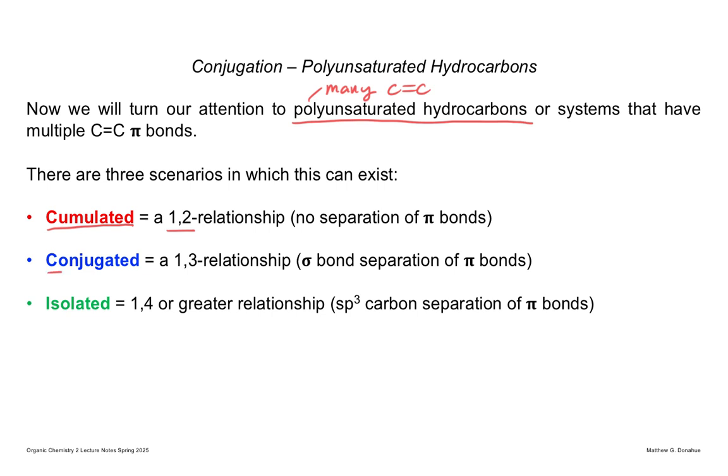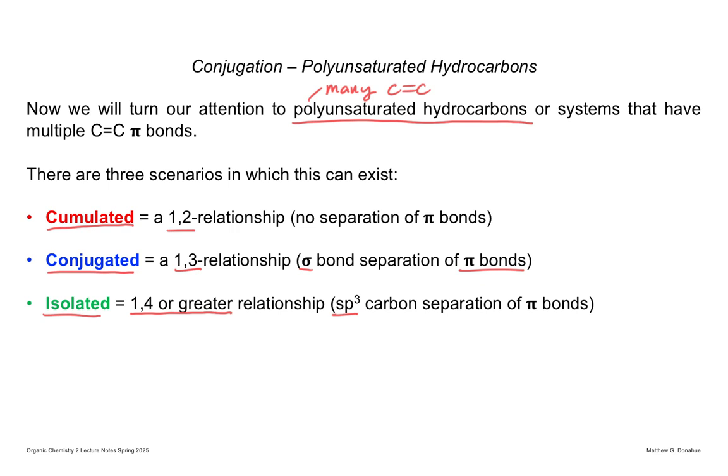In blue, conjugated, which we'll focus on primarily, is a 1-3 relationship, meaning there's a sigma bond that separates the two pi bonds. And then in green, isolated, 1-4 or greater relationship. So there's an sp3 hybridized carbon that separates the pi bonds.